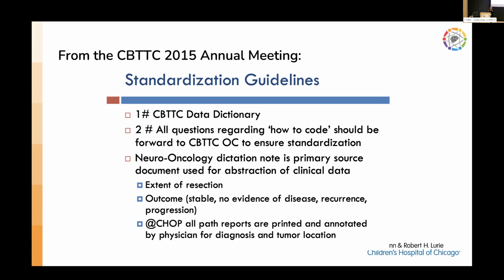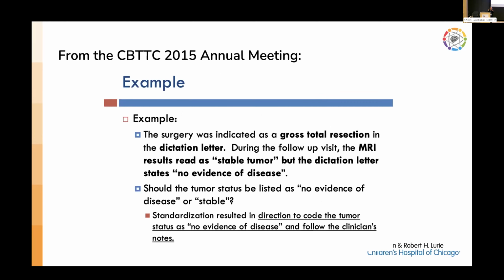The reason for this is, if you were to look at the surgery note versus the MRI note versus multiple other sources, something as simple as what extent of tumor was resected may not be consistent or clear. So we said the source of truth should be the neuro-oncologist who's developing the treatment plan.